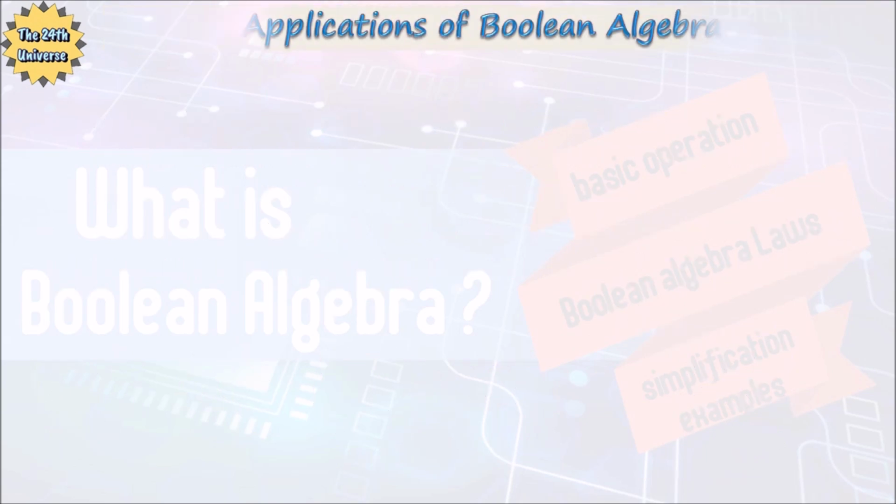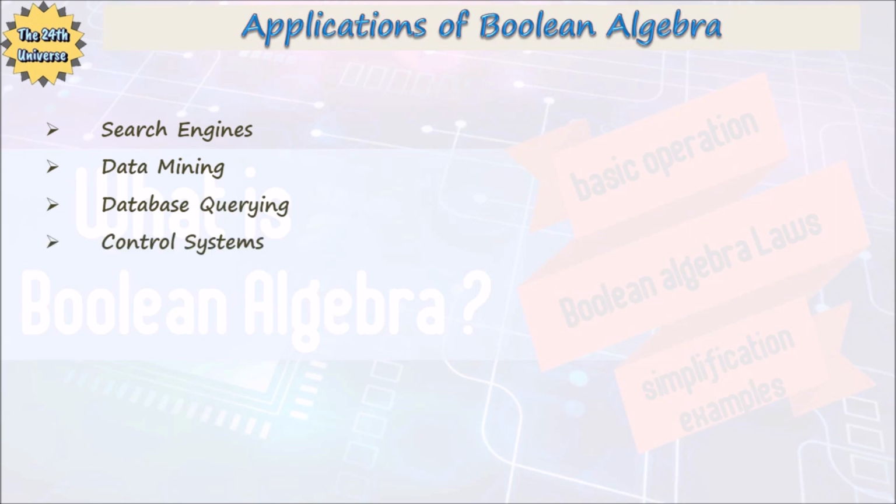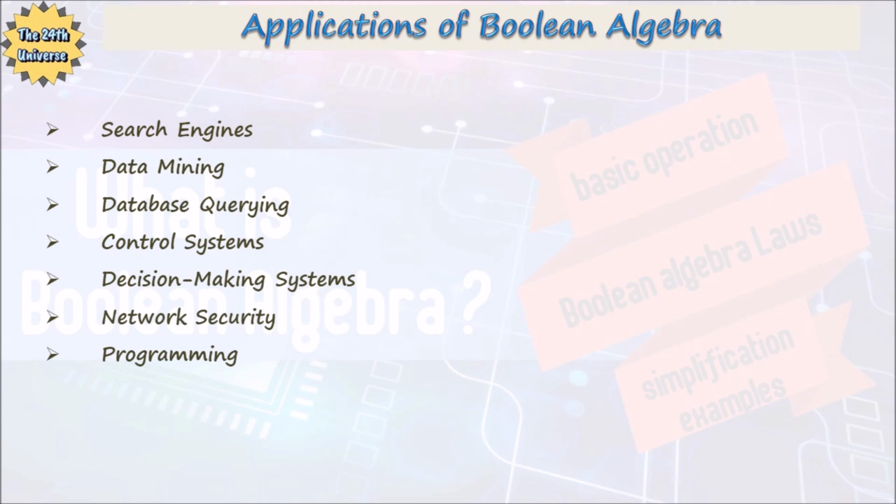Besides digital electronics and mathematics, some real-life applications of Boolean algebra include: first, search engines, enhancing search algorithms by filtering results using Boolean logic AND, OR, NOT. Second, data mining, analyzing data sets to discover patterns and relationships. Third, database querying, constructing complex queries in SQL using Boolean operators.